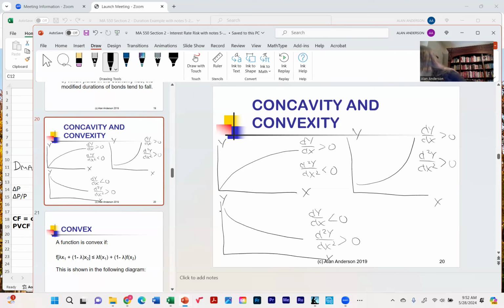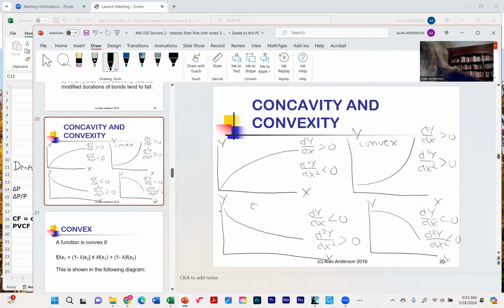And then down here, they're both negative. So these two are convex, and these two are concave.